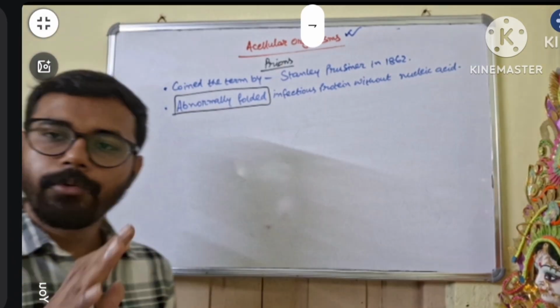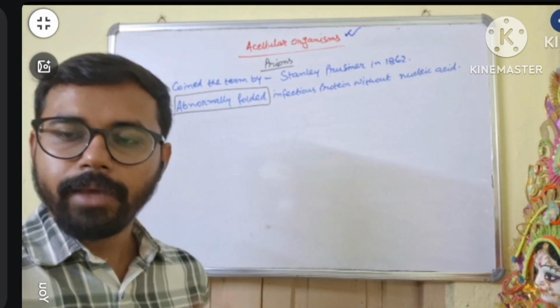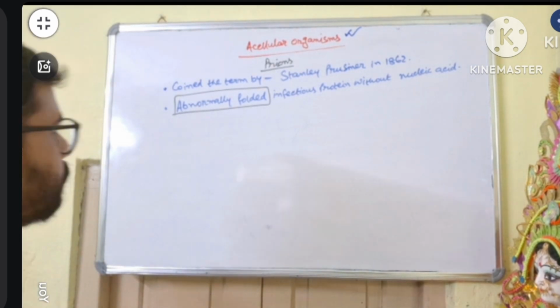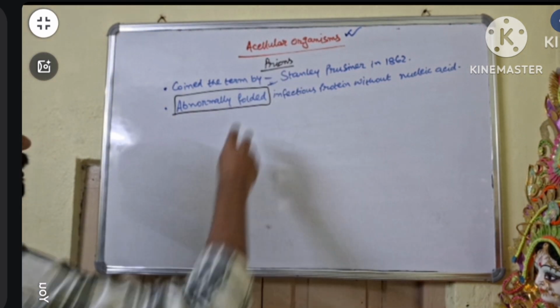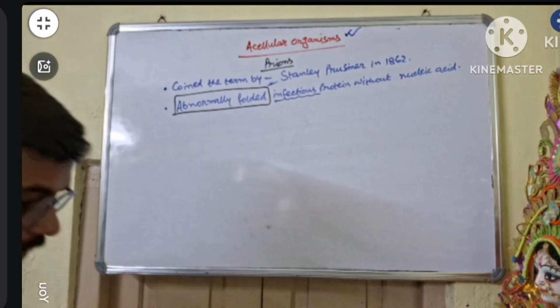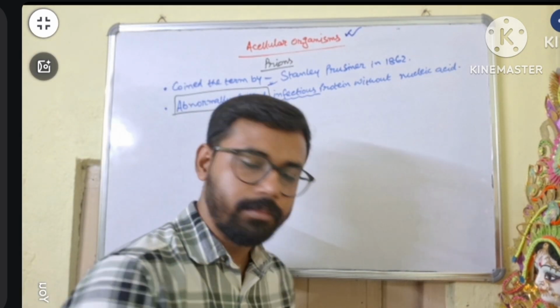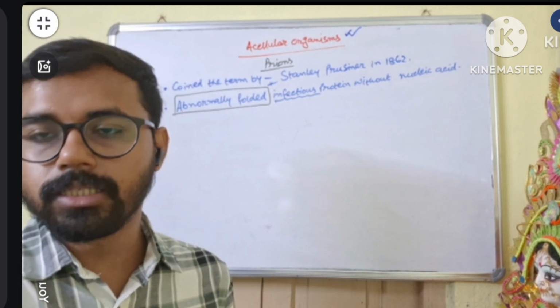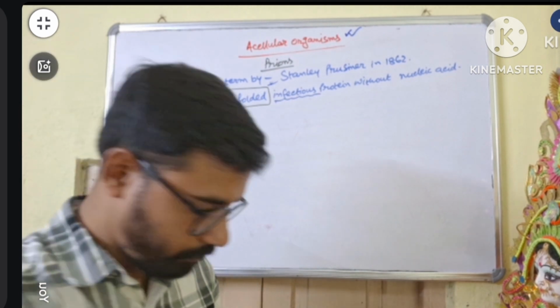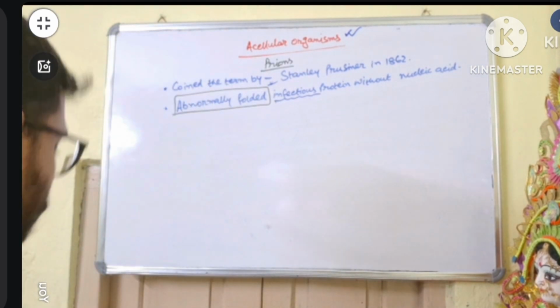So when a normal protein adopts a different type of tertiary structure, it is called an abnormally folded protein, and this protein can be infectious. Without nucleic acid, these proteins can be infectious and cause diseases. Point clear? Online students.